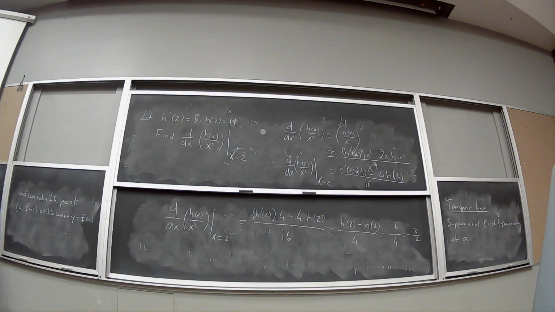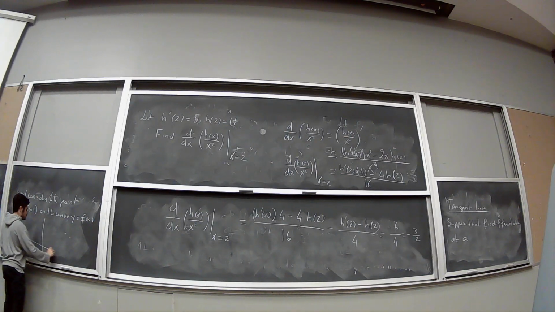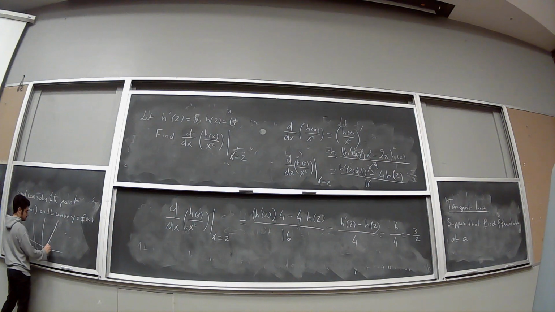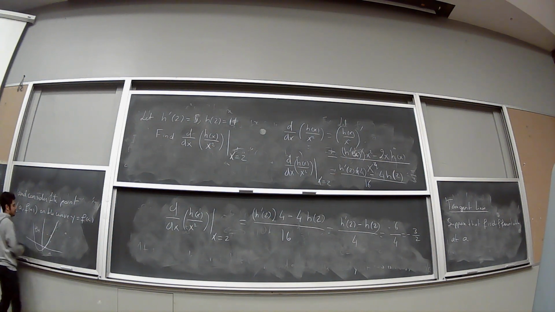So I have a point on the curve y equals f of x. So x equals a and y is equal to f of a.